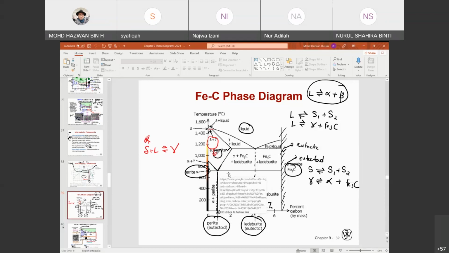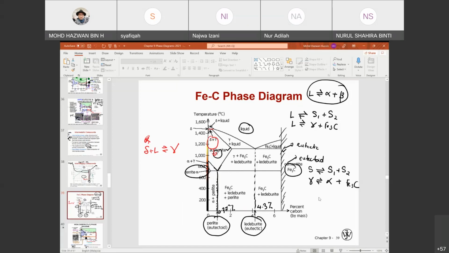Apart from that, the essence of the cast iron phase diagram is also the eutectoid reaction. The eutectoid reaction forms below the eutectic temperature, which is why you will see another horizontal line at the lower temperature.